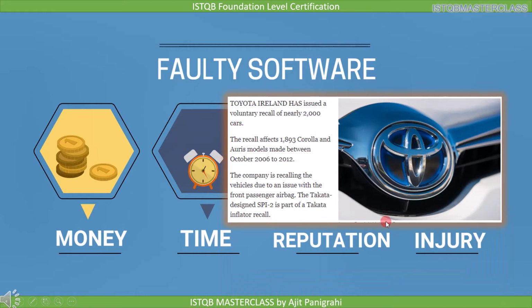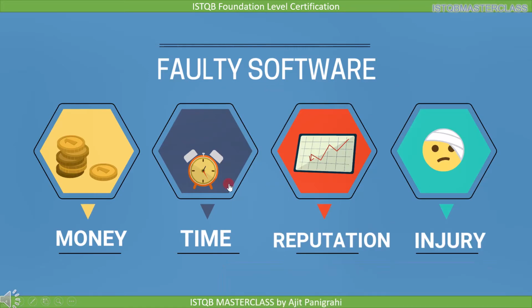This news was in market that one particular car company recalled 2000 of its cars due to issue with the front passenger airbag. Once such news hits the market, the share value of company goes down and results in huge loss of money.